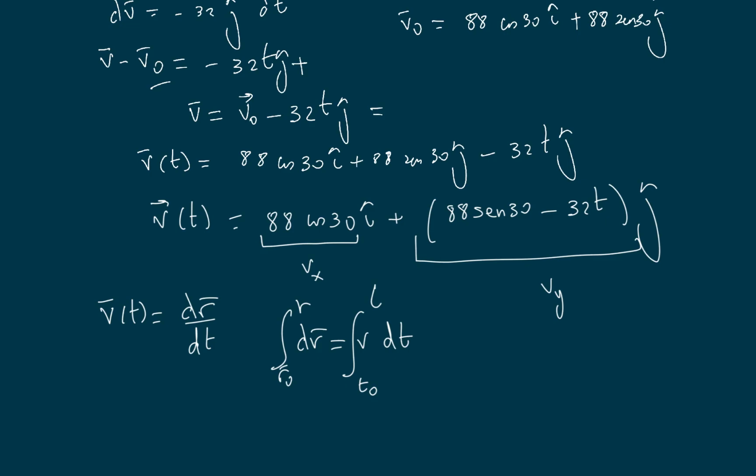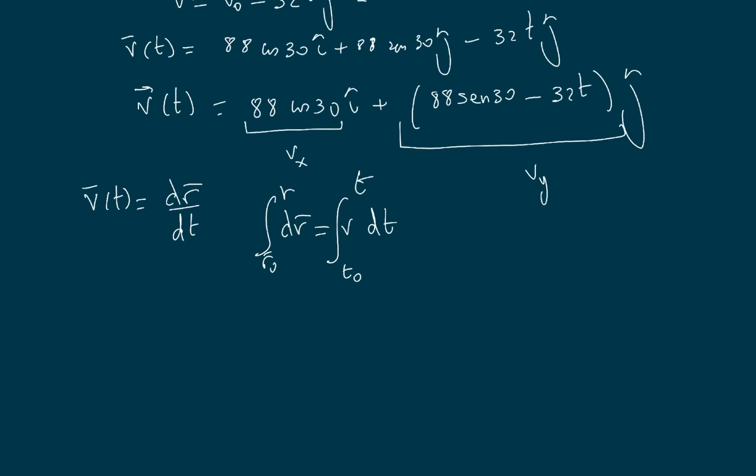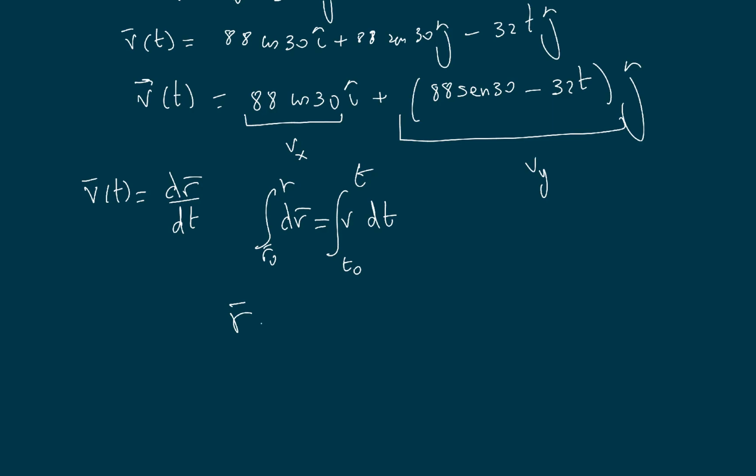So what is the integral of dr? The integral of dr is the vector r minus r0. And r minus r0 would be the integral from t0 to t of the vector velocity v.